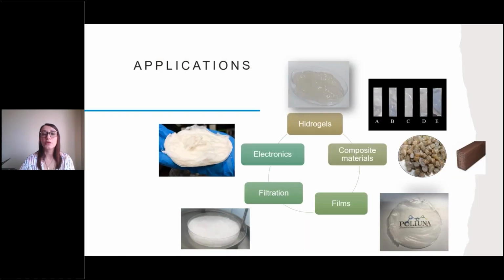Some applications we have been exploring are hydrogels, electronics, thinking about electronic paper, filtration systems for water purification, films, and composite materials. Those are some pictures from the work we have been doing.